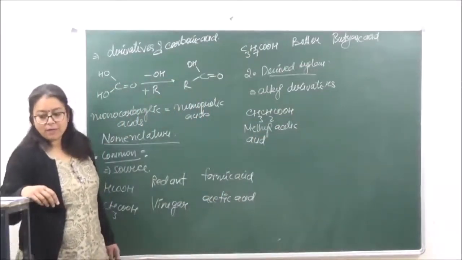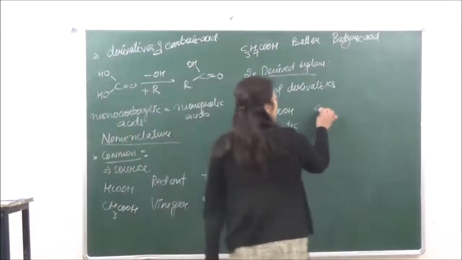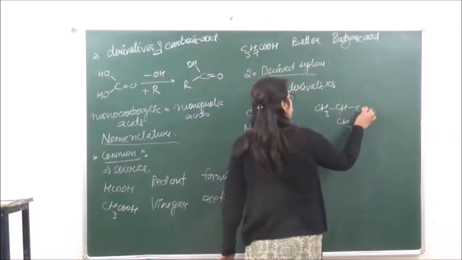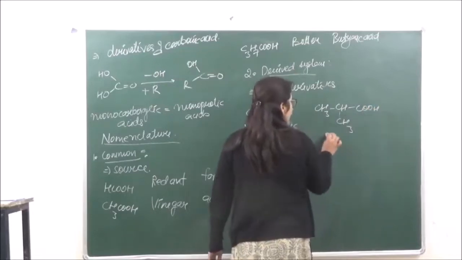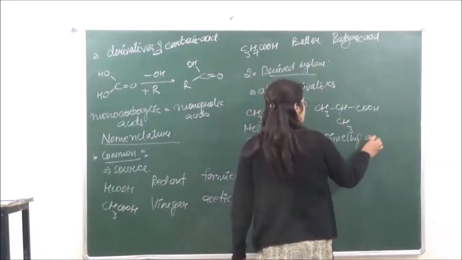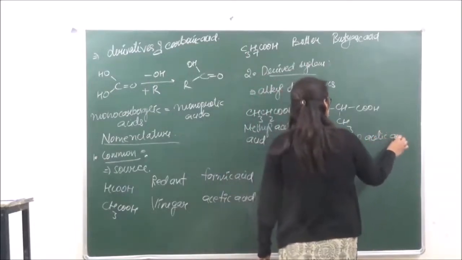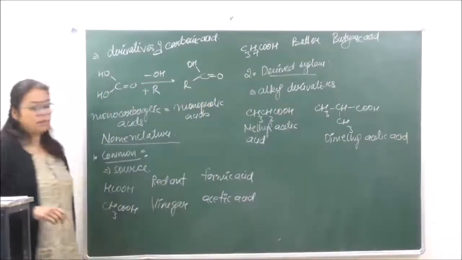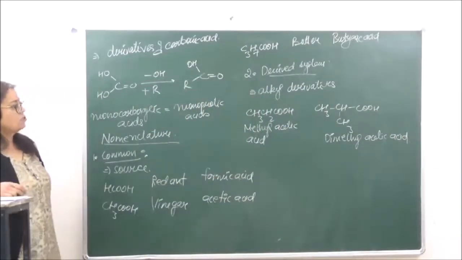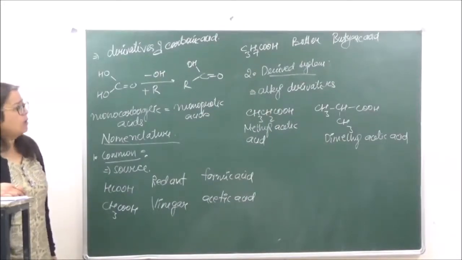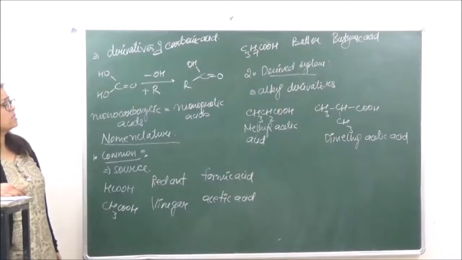Similarly, if we have an acid like this, it is known as dimethyl acetic acid, as there are two methyl groups present. So according to the derived system, this is how we name the compounds.